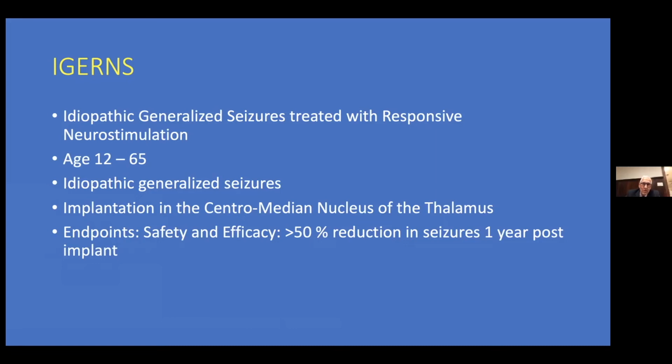And we just implant stereotactically, as I've shown you before, in the central median nucleus of the thalamus. And the best news of that, but don't bombard us with phone calls, is the sponsor actually pays for the treatment. So the usual trouble we sometimes have with insurance companies is immaterial here. So it's all paid for.